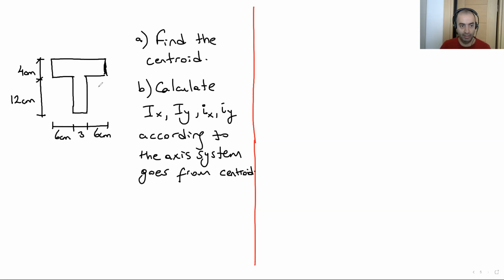So we know that if we have a symmetrical system like this, the X will be at the middle, XG. So XG is 0 if we assume an axis like this.